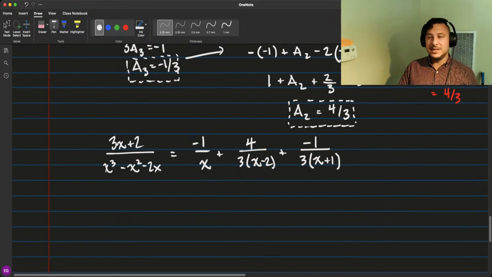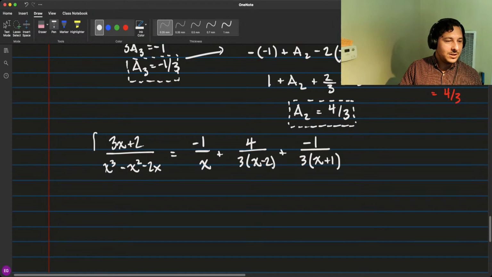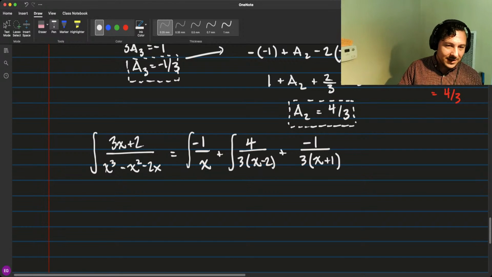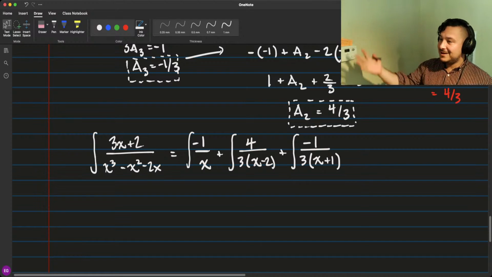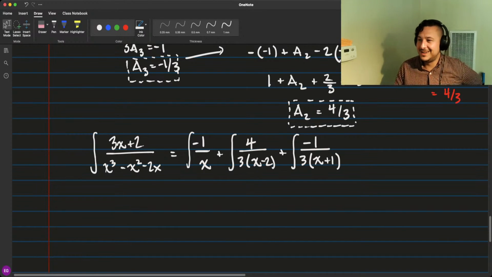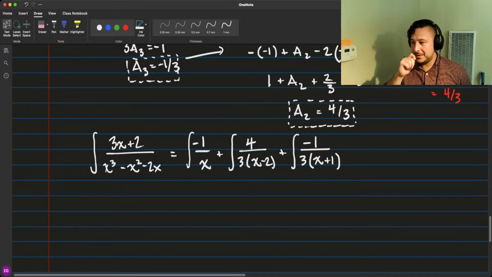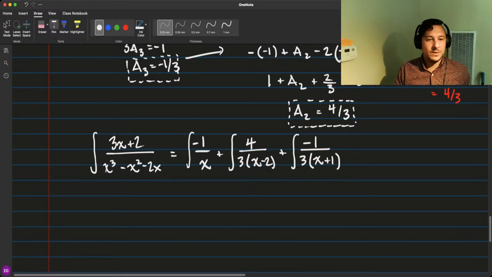Now, really, what is the whole point of this? It's because now if you want to integrate this one, all you really need to do is integrate each of these, and why are we happy now? What method could we use to integrate each of those individually?